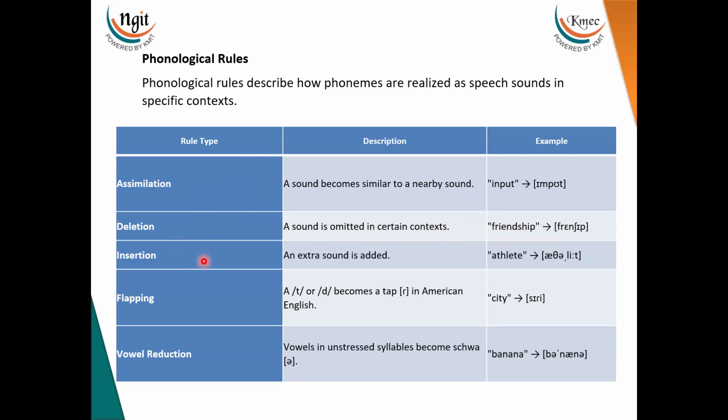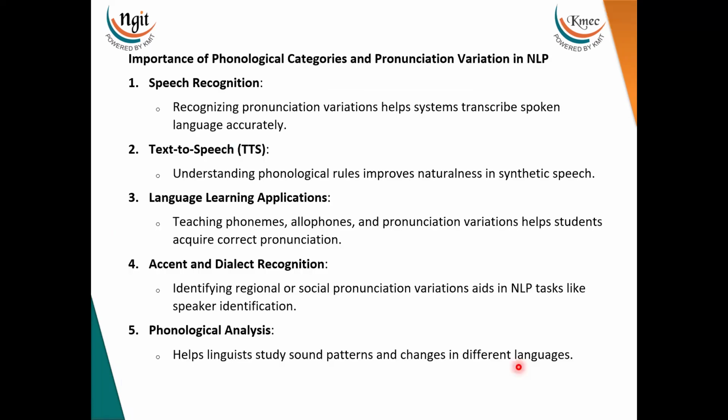Insertion, an extra sound is added: athlete. Flapping, we talked about American accent, and the example we had seen in the previous slide was butter. Next is vowel reduction. Vowels in unstressed syllables become schwa sound. That is, banana is the example.